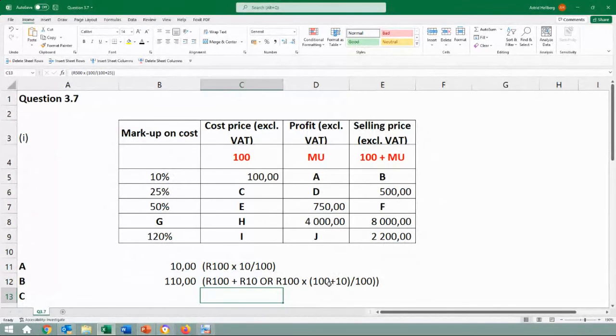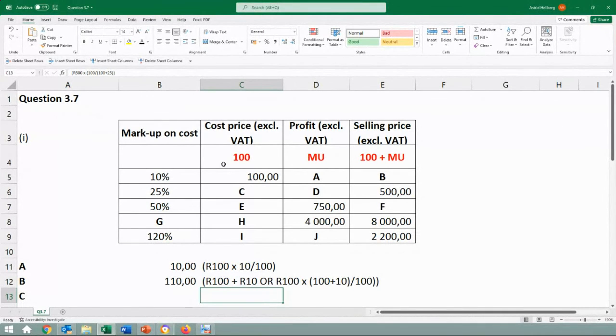You could have multiplied with the 110, that's the amount you want, and then divided by the 100, that is the amount we currently have. And you would have got exactly the same amount. So you can see in the test, there are different ways you can get to the same answer. It doesn't matter which method you prefer, you would get to the same answer.